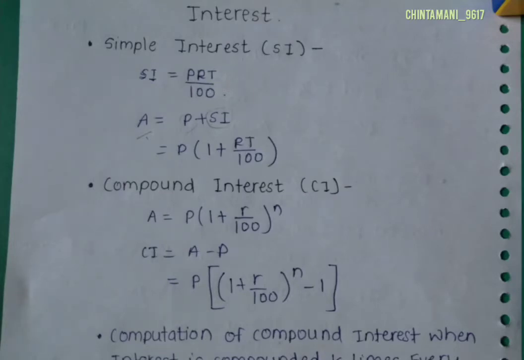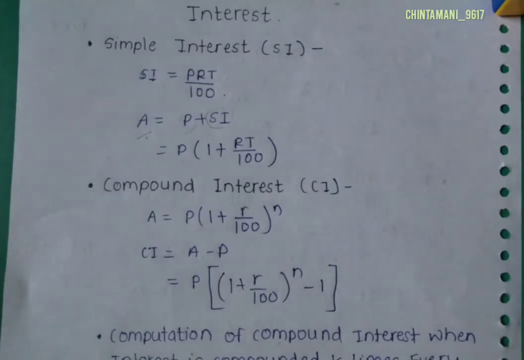That means we have taken some amount for some period, let's say 2 years, compounded annually. Then after the first year, the compound interest plus the borrowed money becomes the principal, and that principal is taken in the second year, and again on that principal the compound interest is calculated.